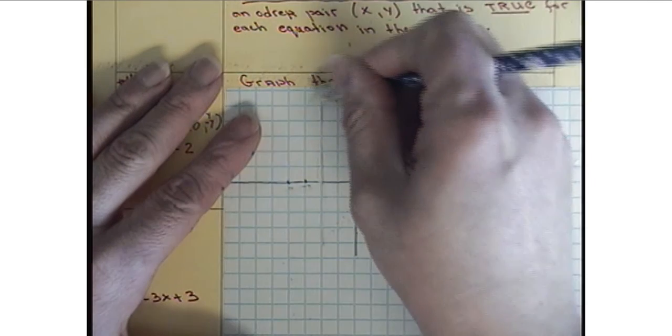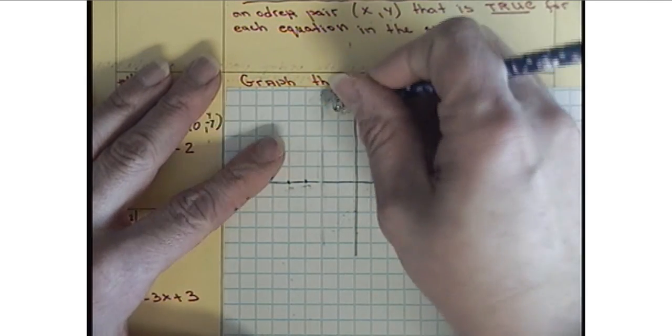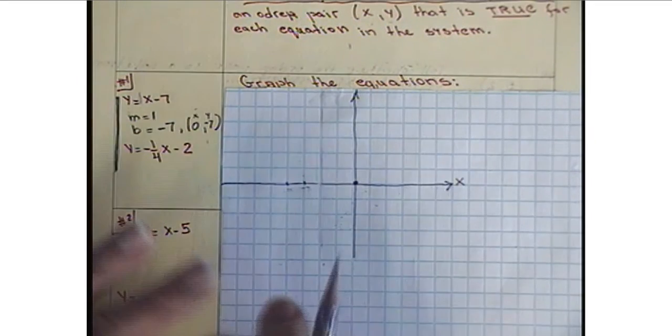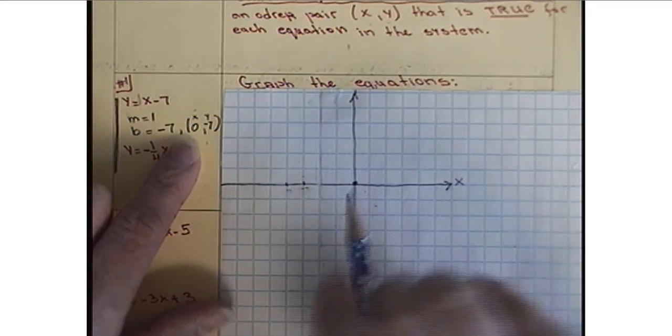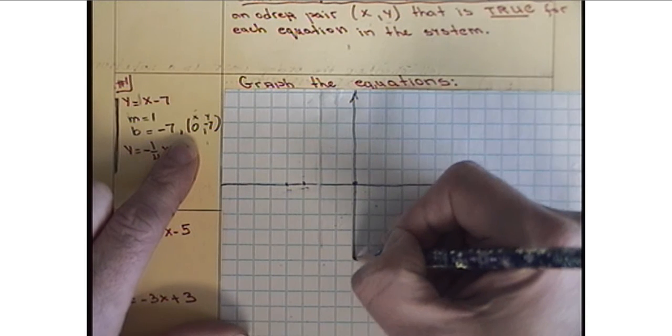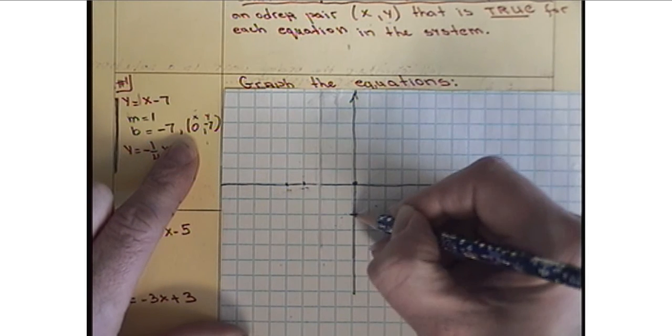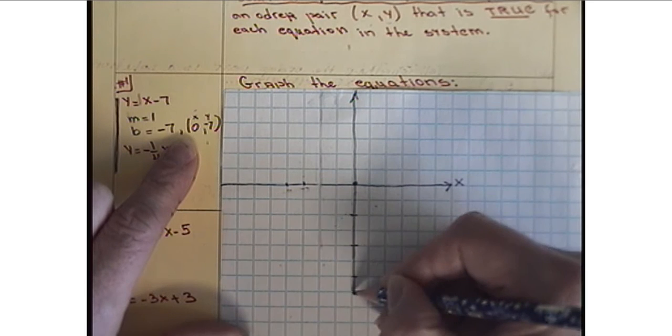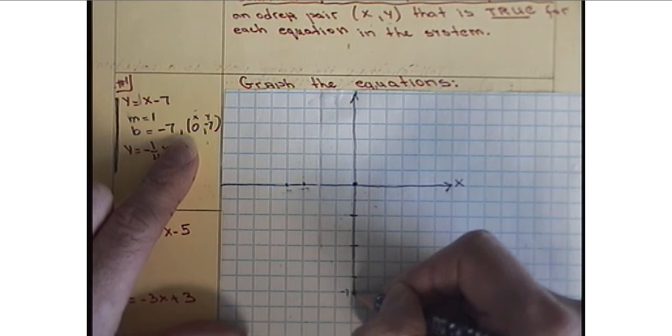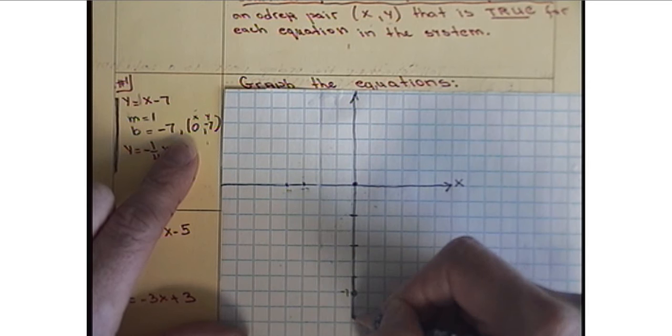So you don't need to erase anything, you just need to make sure that you have enough space to the left. Okay, so let's start. This is the origin. 0 for x and y -7 will be down here. 2, 4, 6, -7 is right here. So this is the first point on the graph.